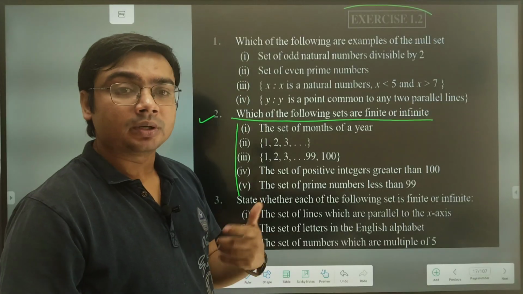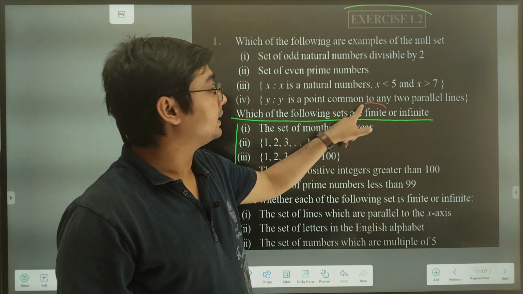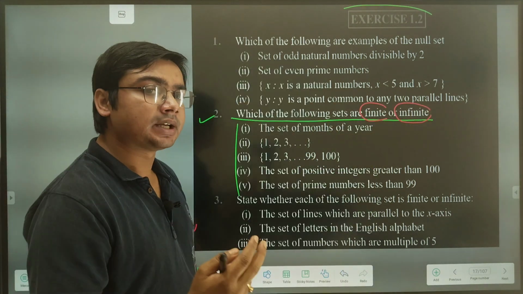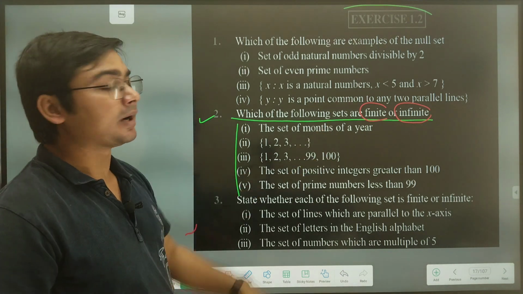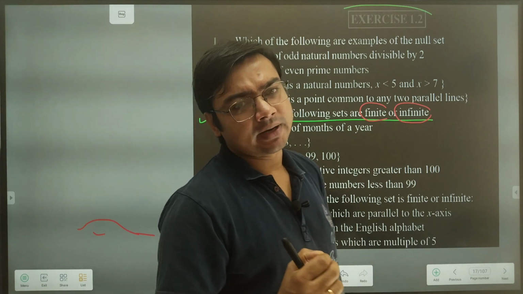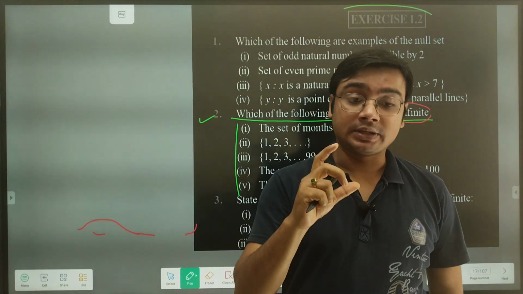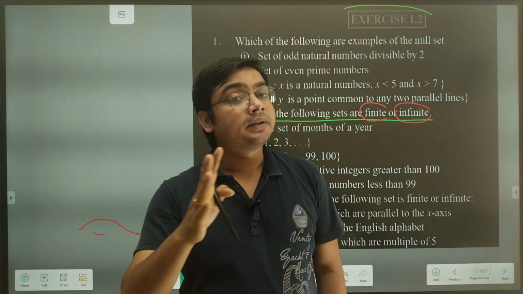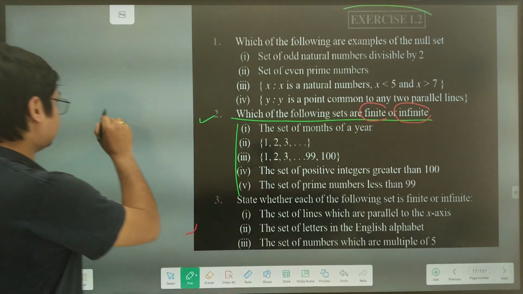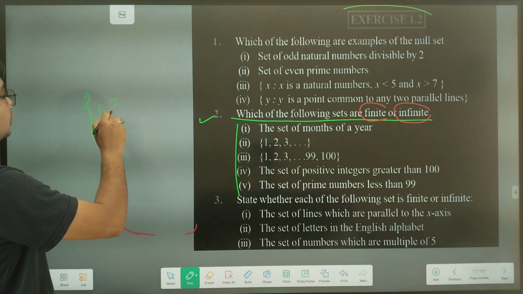We have already discussed finite and infinite sets in the previous lectures. Here I will try to highlight the basic concept. A set is said to be finite if it contains a definite number of elements. For example, suppose the set 1, 2, 3.